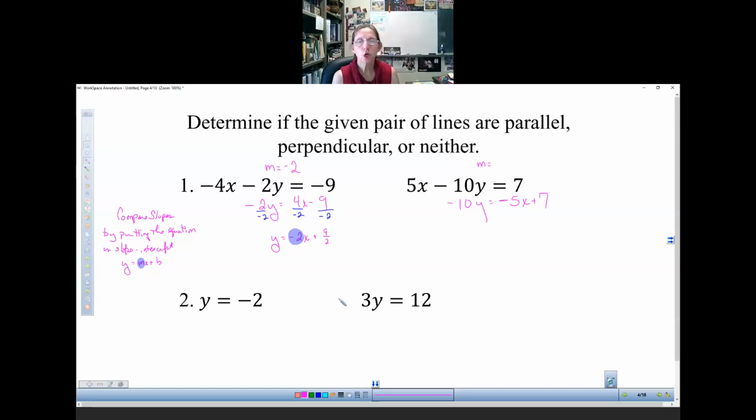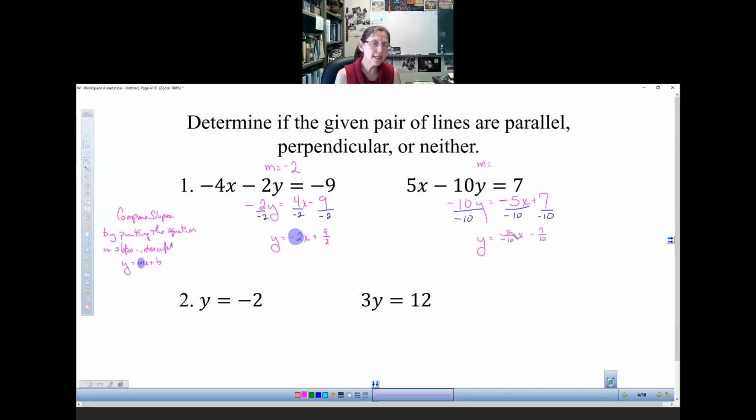Okay, so at this point, we're going to divide both sides by the -10, right? Dividing each thing by -10. And this is going to give us positive y. This one I'm actually going to write out as -5 over -10 because I want you to see what's happening, and then -7/10.